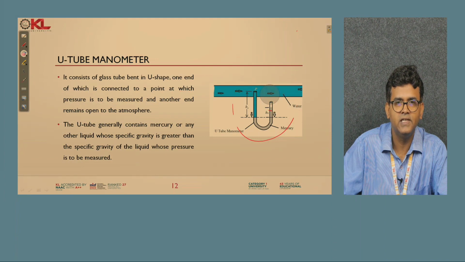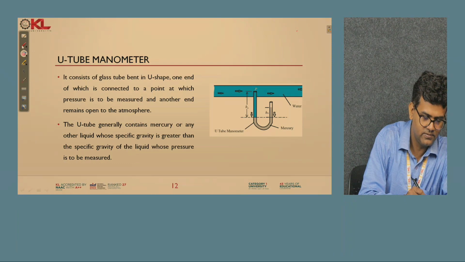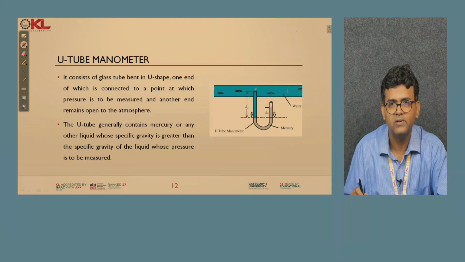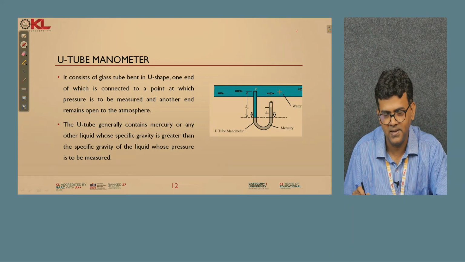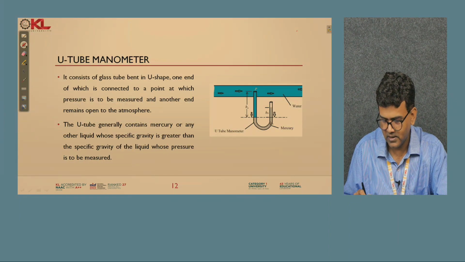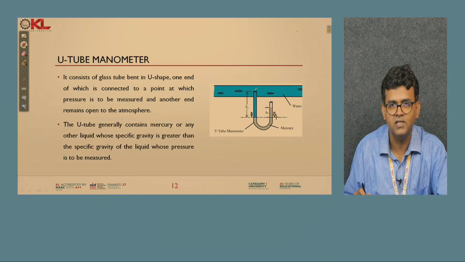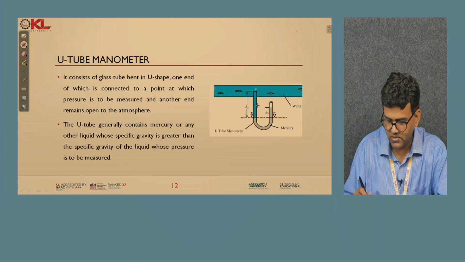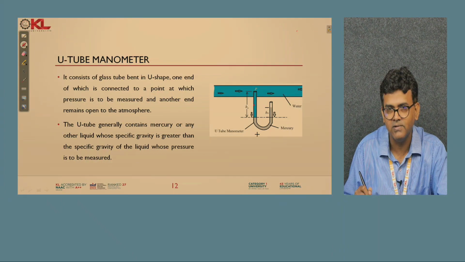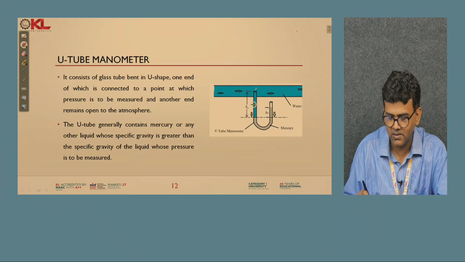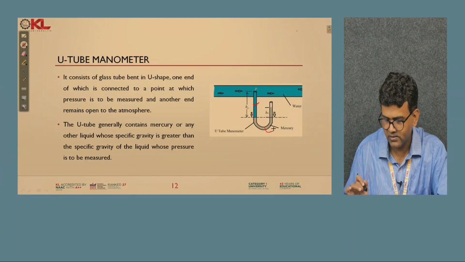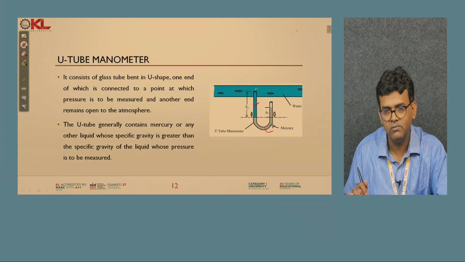Generally it consists of two liquids. You can see one is the blue liquid, which is flowing in the pipe, and the other is a gray liquid in the tube. So this tube has both liquids, the liquid in the pipe and another liquid in the tube.